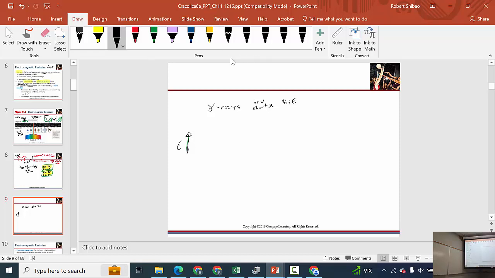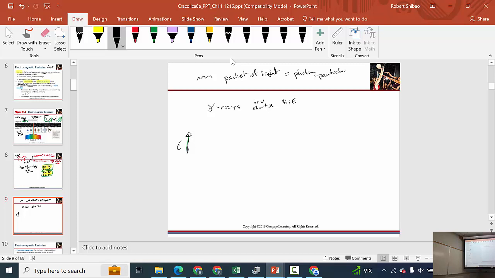Now, I told you light comes in these little wave packets. And a packet of light is called a photon. So, one way of thinking about this is a photon is like a particle of light. But the problem with a photon is it doesn't have a rest mass.